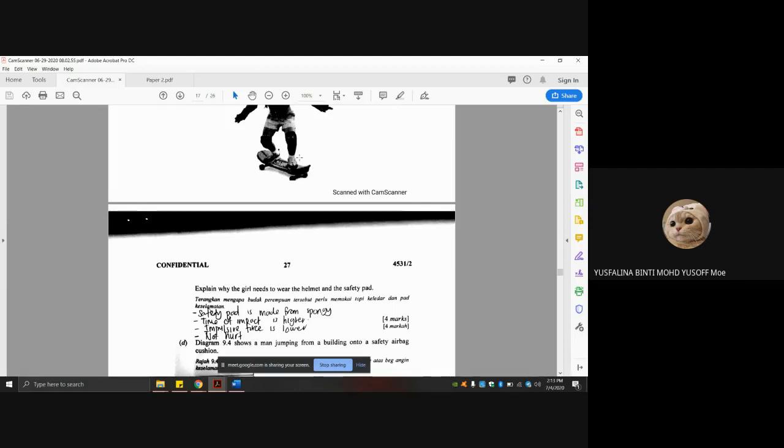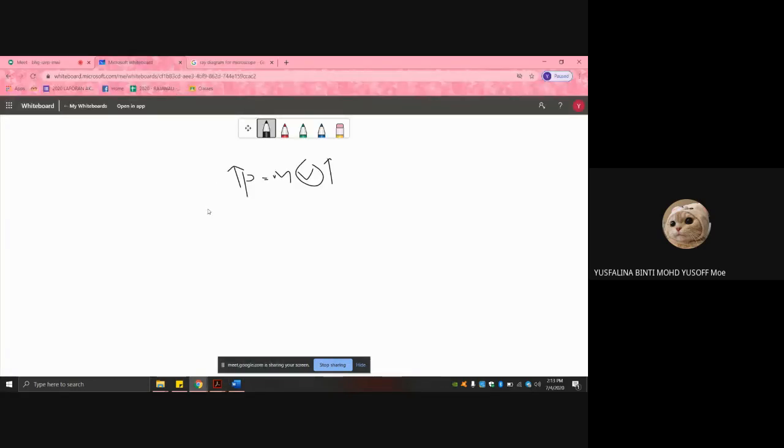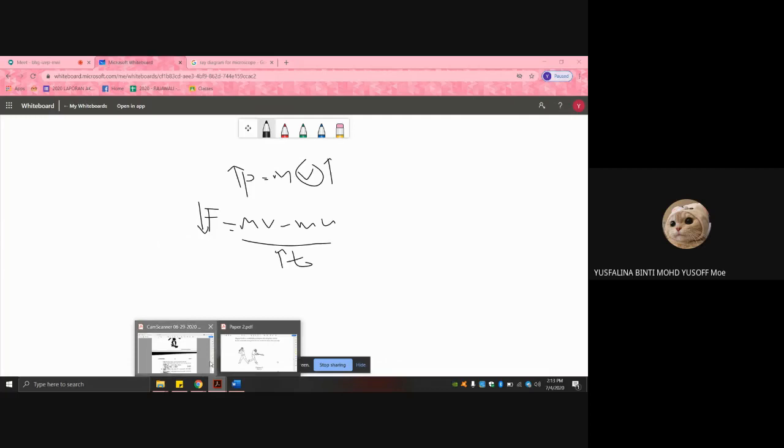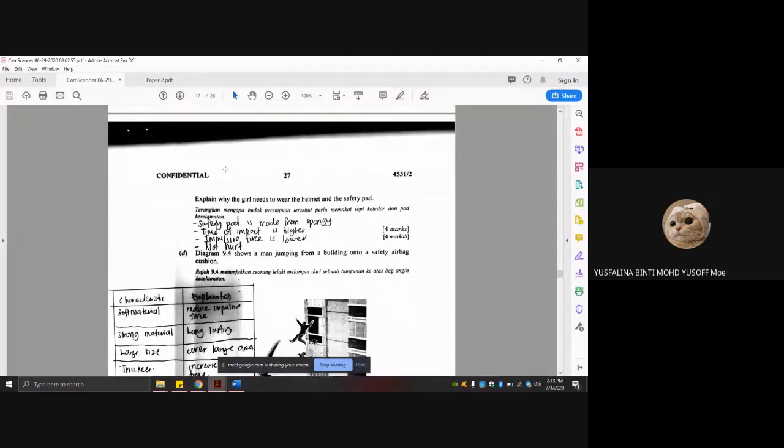If the girl falls, the time of impact will be higher, so the impulsive force is lower. The formula is F equals mv minus mu, divided by t. If the time of impact increases, the impulsive force will decrease, so the girl will not get hurt. So 4 points here.